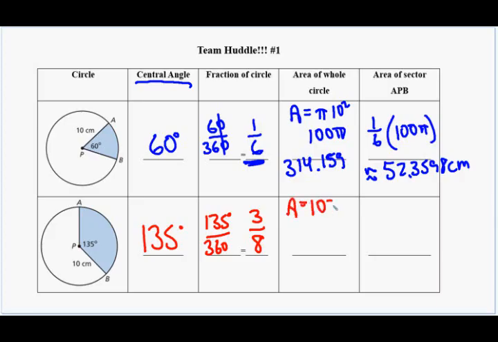So our area is going to be 100 pi, or about 314.159 square units. So we want to do our fraction, 3/8 times 100 pi. The decimal you found should have been about 117.81 centimeters squared. Oh, I forgot the squared up here. Area is always in squared units. All right, excellent.